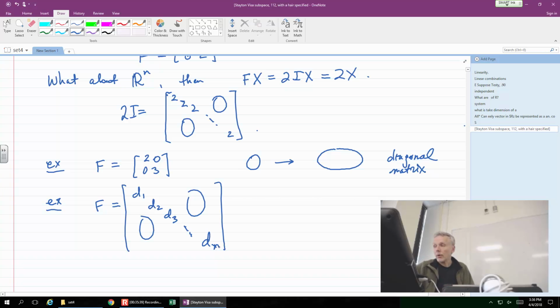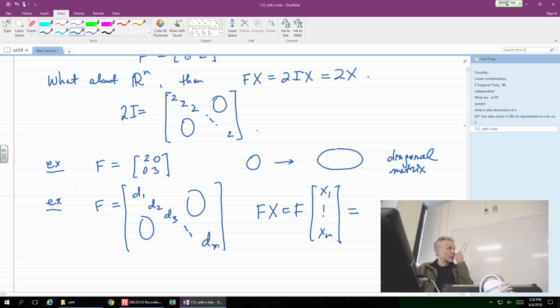Okay? So if I start multiplying it by x, f(x) will be this matrix multiplied by x1, ..., xn, right? So if I start multiplying row by column, what am I going to get?